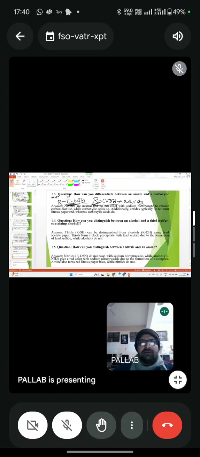How can you distinguish between an alcohol and a thiol? The general formula of alcohol is like this, and thiol has the general formula RSH. There is only one difference, that is O and that is S. Just remember this question and carefully look at the solution. Normally, alcohol and thiol are almost the same category of compound, but thiol can be distinguished from alcohol by reacting the thiol with lead acetate.